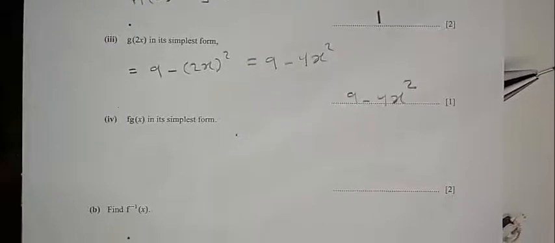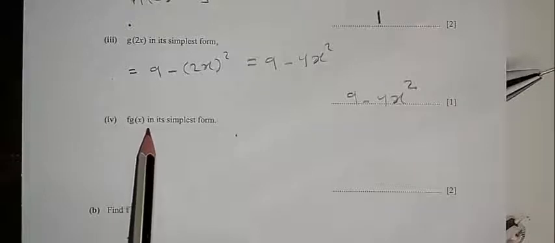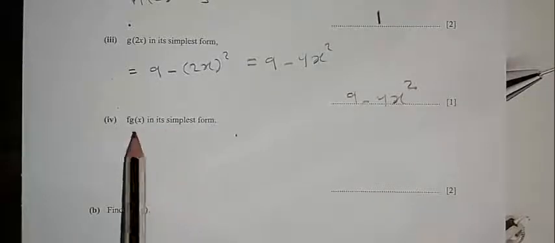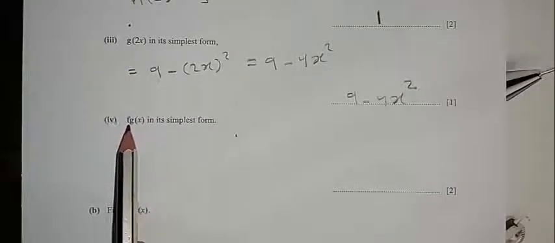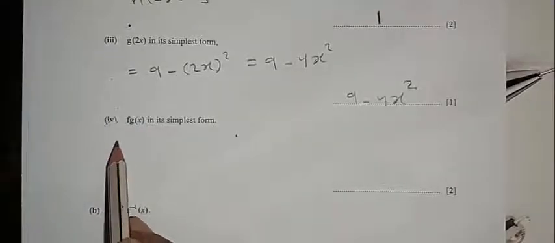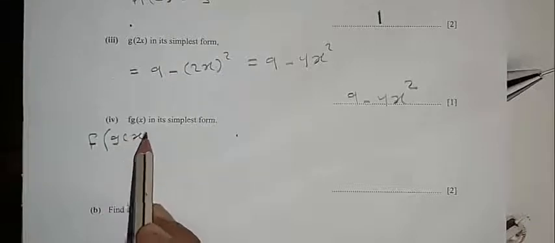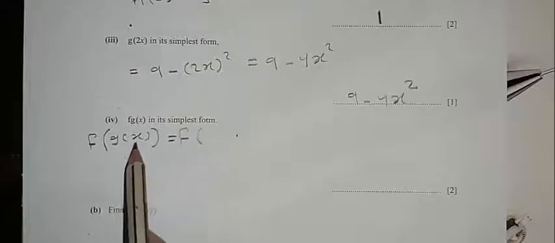In this part, we need f of g(x) in its simplest form. This means a composite function; we make f after g. So we write f of g(x) equals, keep f here and put the function g(x) here. g(x) is 9 minus x squared.